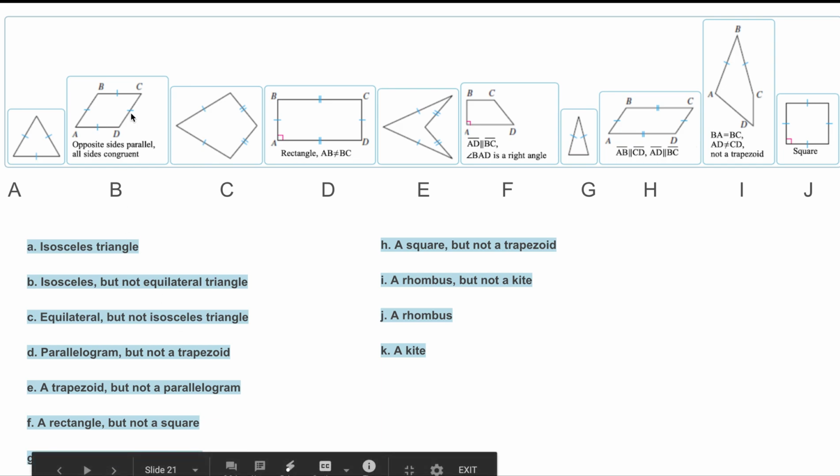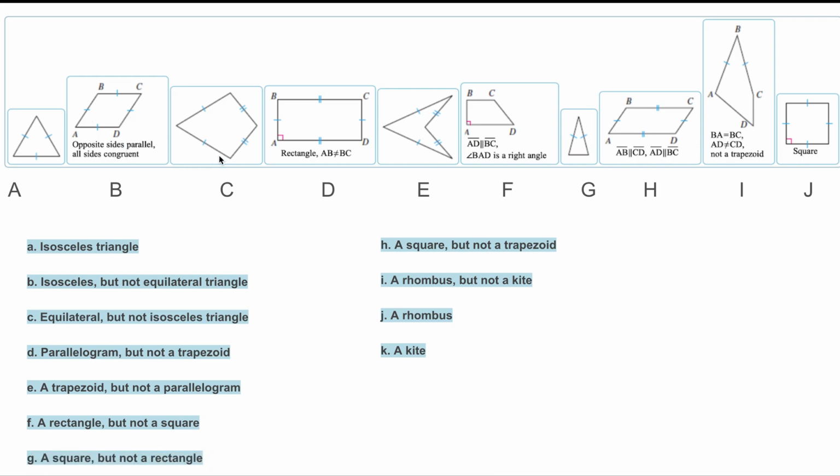So let's find that. This is a parallelogram. It's a trapezoid, but it is also a parallelogram, so not that one. How about this one? These two opposite pairs are not parallel, so it cannot be a trapezoid. You need at least one pair of opposite sides that are parallel. This one has both opposite pairs parallel, so it's not that.